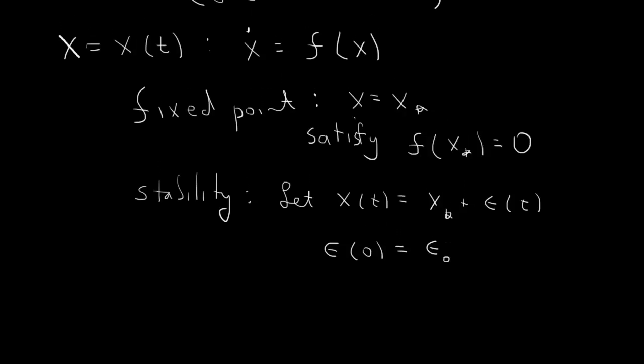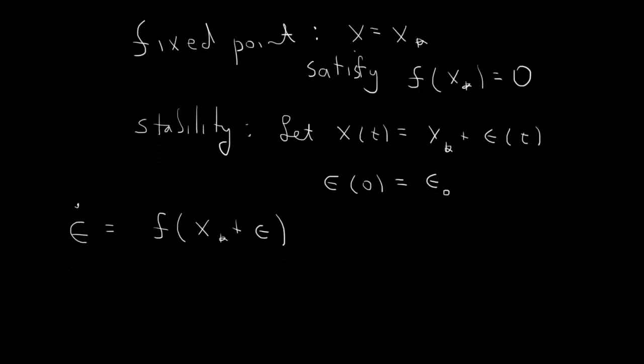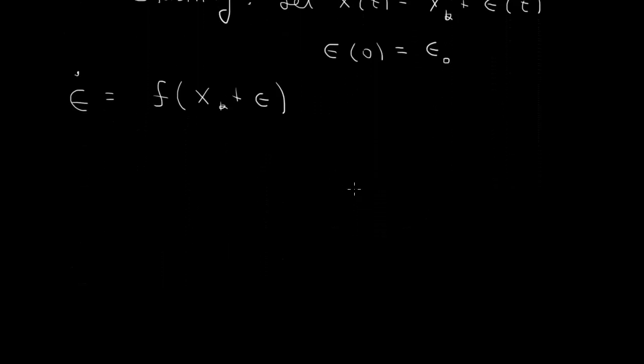So we can substitute x into the differential equation. The derivative of the constant is 0, and then the derivative of epsilon becomes epsilon dot. So we have epsilon dot equals f of x, which is f of x star plus epsilon. We assume epsilon is small, a small perturbation to the fixed point.